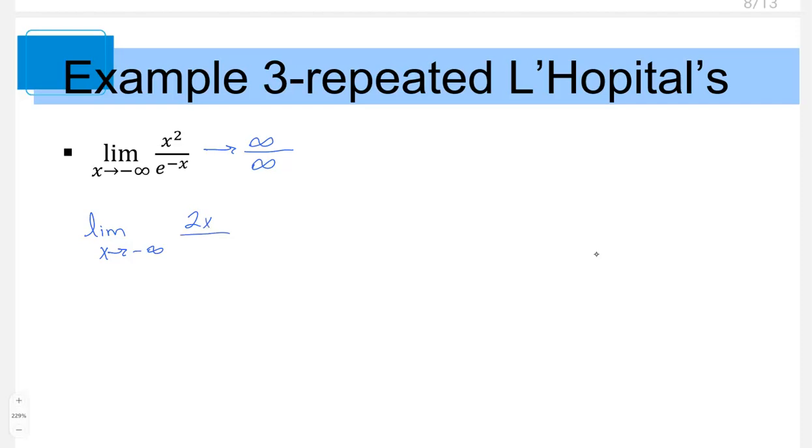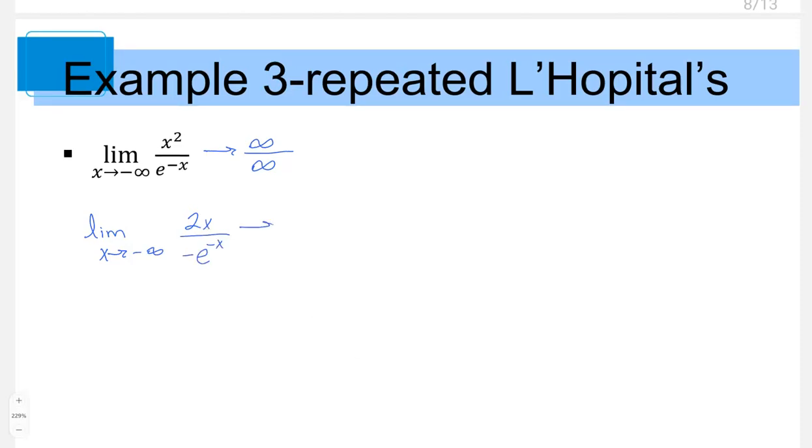Derivative of the top, derivative of the bottom, and then we're going to apply this again. If I look at negative numbers and I plug it in, that numerator is going to negative infinity. If I plug negative infinity down here, so I'm looking at super small numbers like negative 1 billion or negative 1 trillion, I'm going to have a positive exponent here.